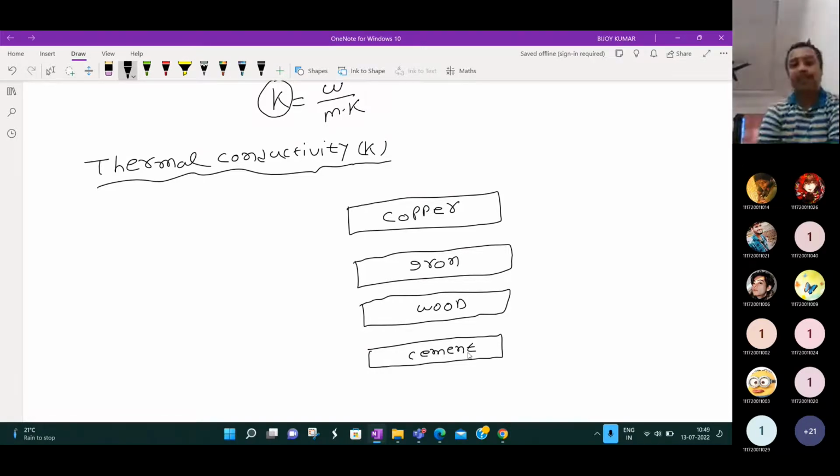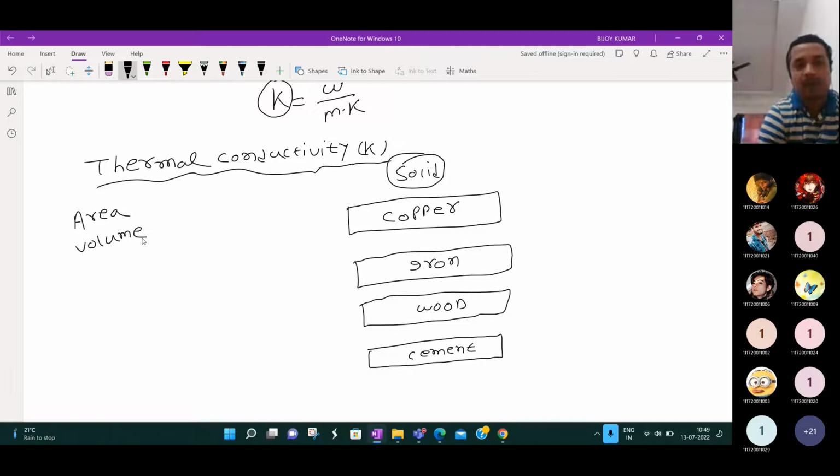Okay, let us take these solids. All are solids because we are discussing conduction. Let us take the example of four solids. All have equal size, equal area and equal volume.